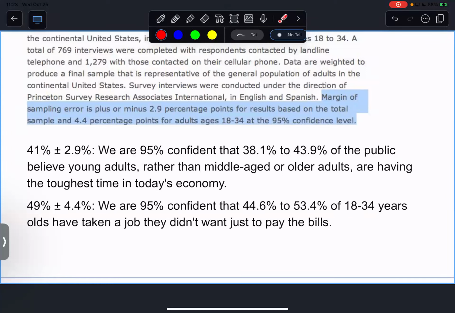Stab in the dark here. What would you say? We're going to get there, but I think it's good to introduce it here. 95% sounds familiar, right? What if I could do something like the 68, 95, 99.7 rule? That's exactly where we're heading. So I've moved out 2 standard deviations, which are going to turn into standard errors, confusingly, away from the center.